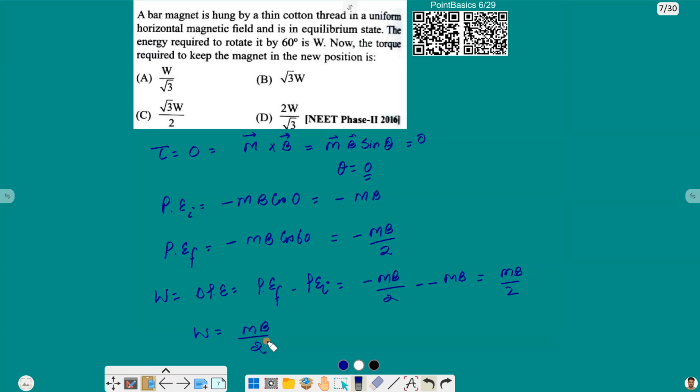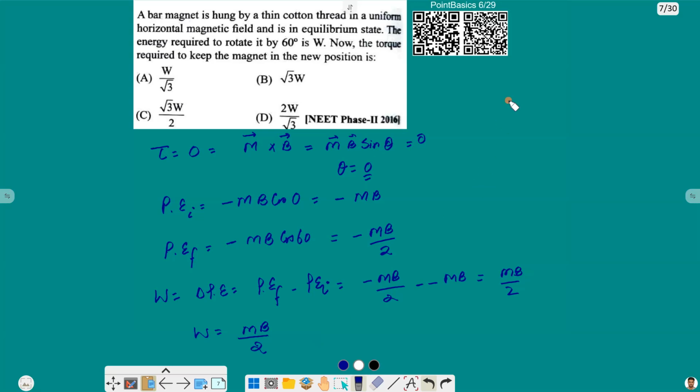And now we need to find the amount of torque required to hold the magnet in the new position. So for that we can find the amount of torque acting on it due to the magnetic field, and if we apply same amount of torque in the opposite direction, then it will be kept in that position.